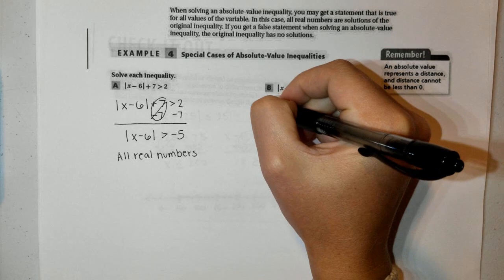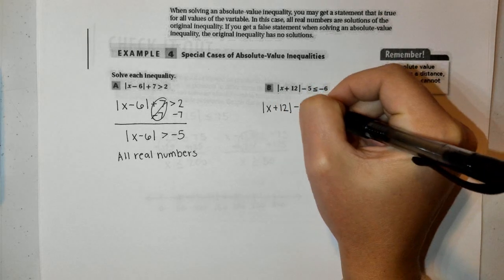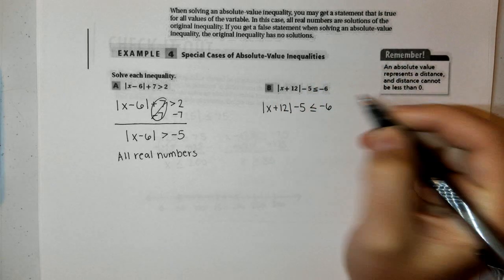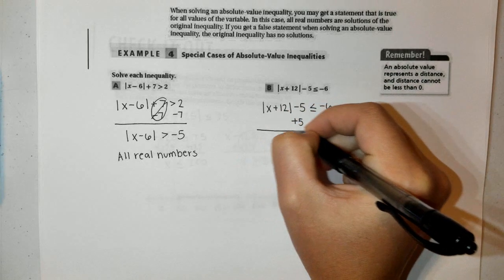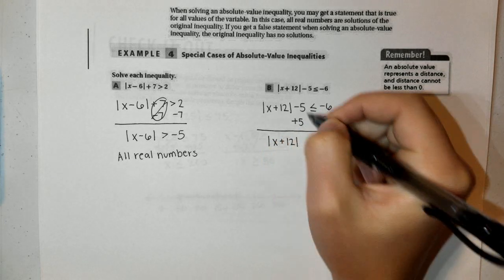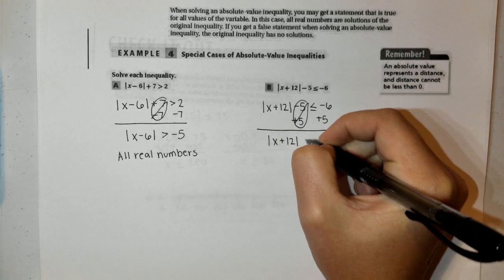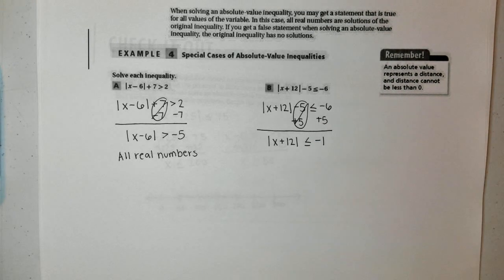B, we have the absolute value of x plus 12 minus 5 is less than or equal to negative 6. So I'm going to add 5 to both sides. So I get an absolute value of x plus 12, minus 5 plus 5 gives me 0, is less than or equal to negative 6 plus 5, which gives me negative 1.